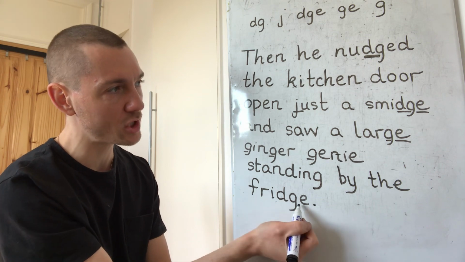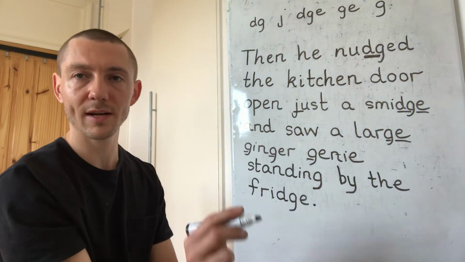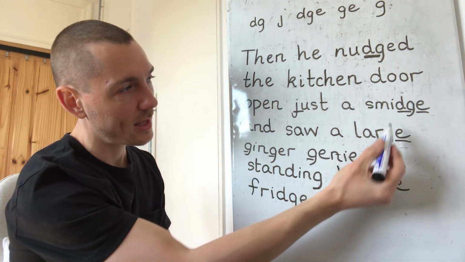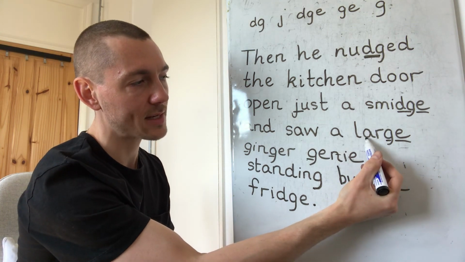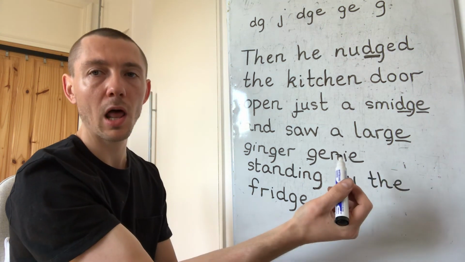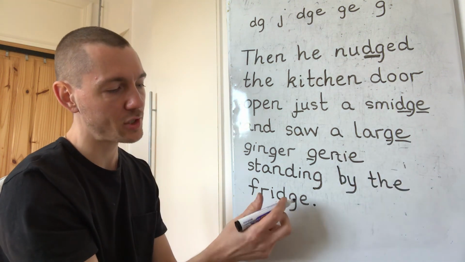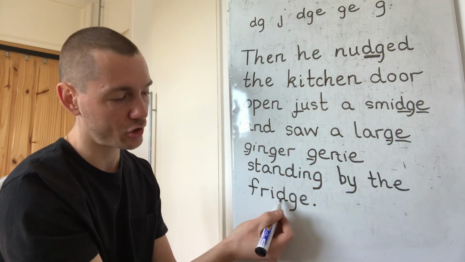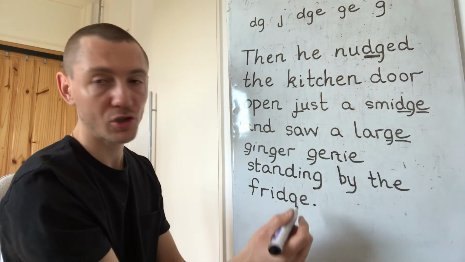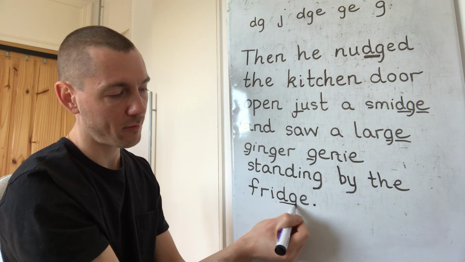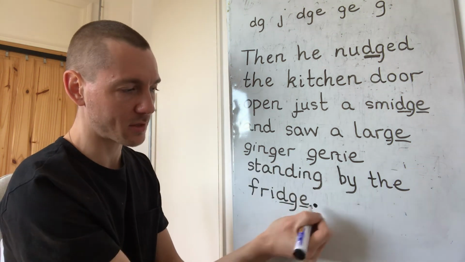So in fridge and smidge and nudge, of course, they're short vowel sounds, aren't they? I, whereas in large, we've got that longer vowel sound, R. So large with a GE, but in fridge, smidge. Short vowel sounds, 3-letter spelling. Okay? Excuse me, I've got my stop mark at the end there.